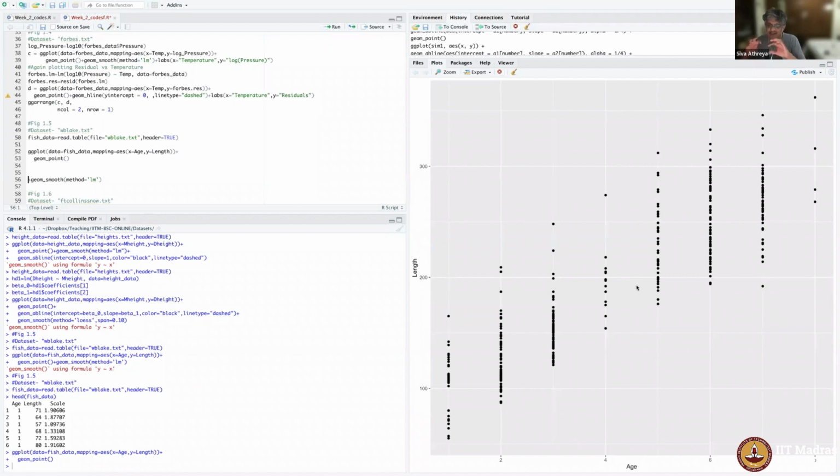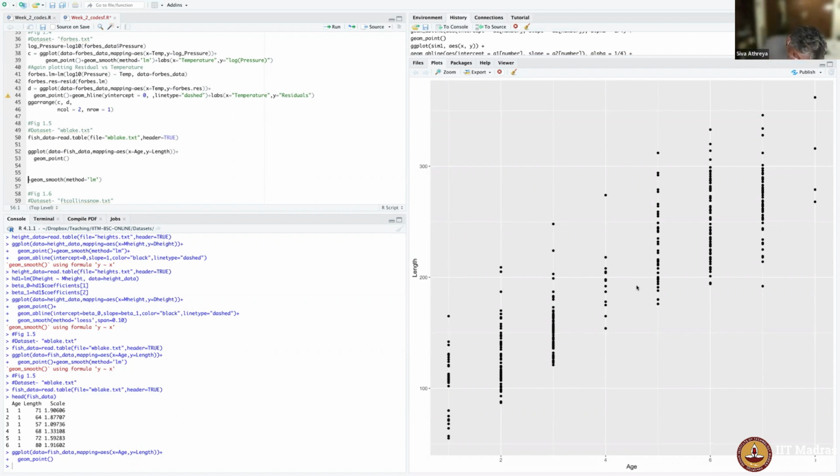It's like the way when we split up the other one, the heights one. We had these several things like that. Fish scales have annual rings like trees, and these can be counted to determine the age of the fish. That's how they compute the age of the fish.